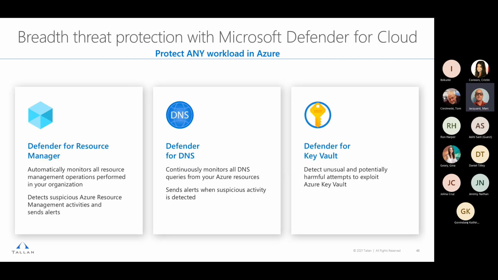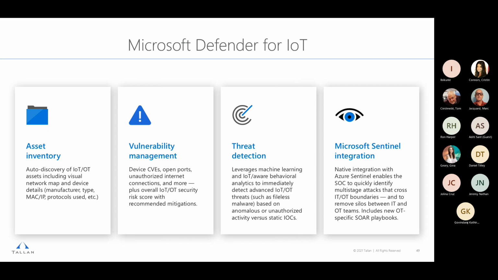It's about the breadth of protection that it brings. Again, Defender for Resource Manager, so that you don't accidentally bring in something you shouldn't. Defender for DNS, so you can see all those nefarious DNS calls. Might help you detect something that wasn't detected. And the key vault I've already harped on. Your inventory, right?